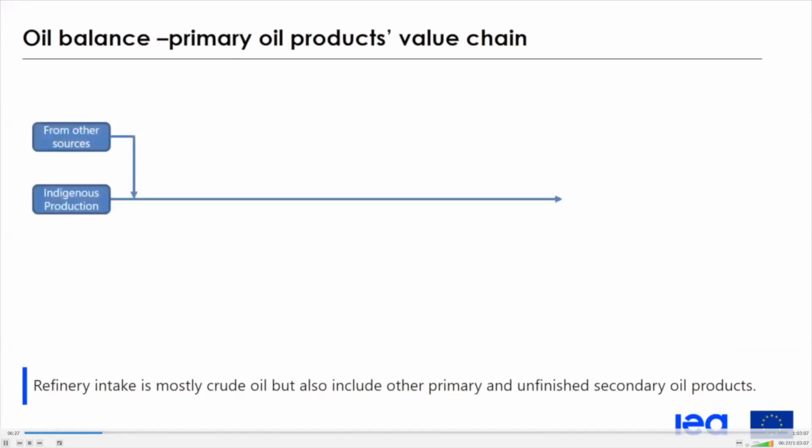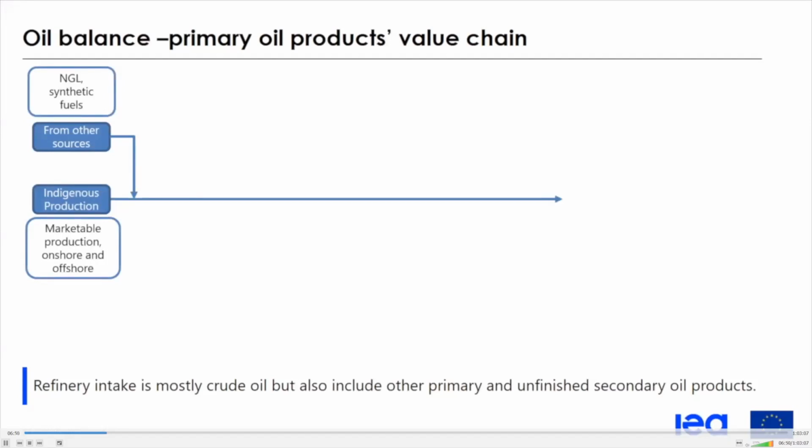But let's keep it simple for now. We focus on the indigenous production of crude oil and some other sources for natural gas liquids, for example. One note here, we focus in our methodology on marketable production, onshore or offshore, but marketable production coming from within the border of a country.